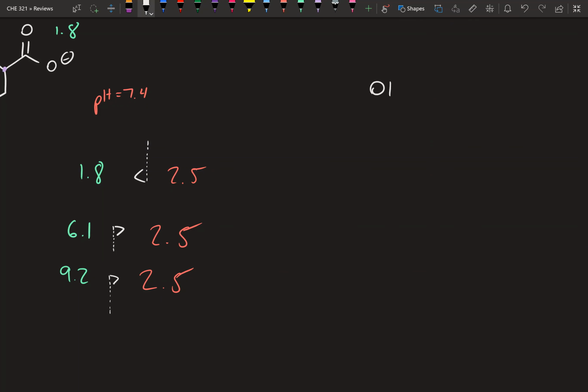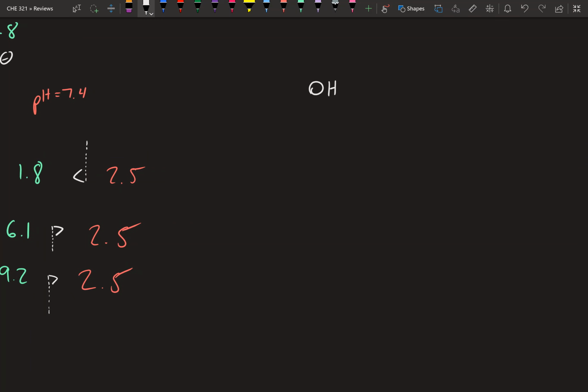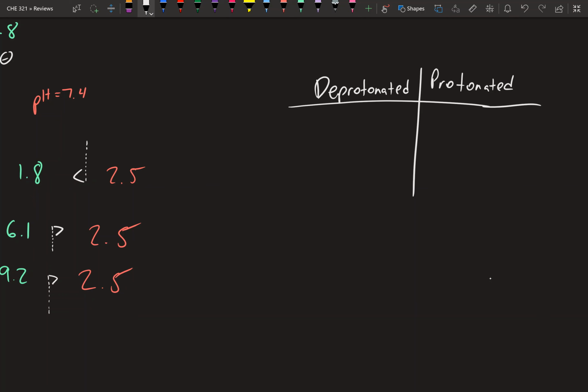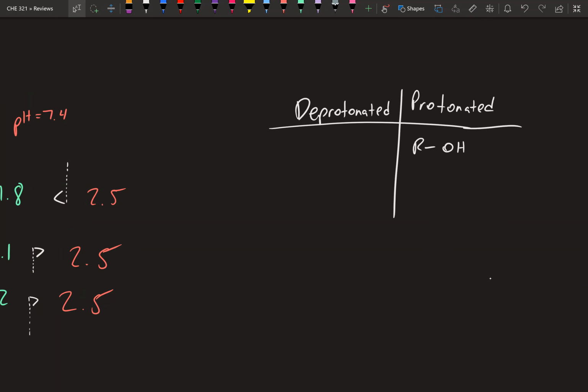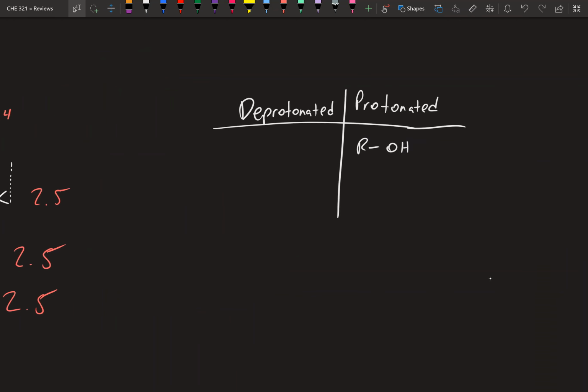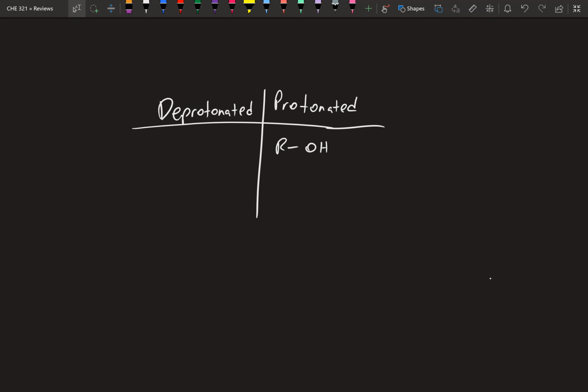When you have an OH, some R group, the protonated state of the OH that you see in a carboxylic acid or an alcohol group is the OH, okay?